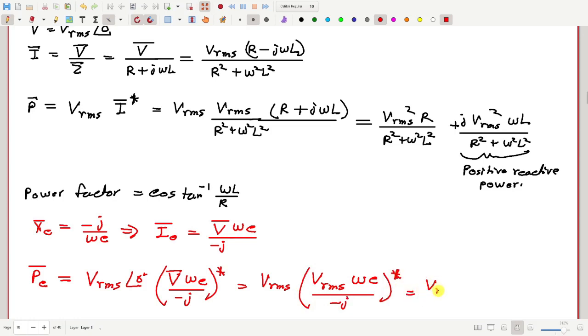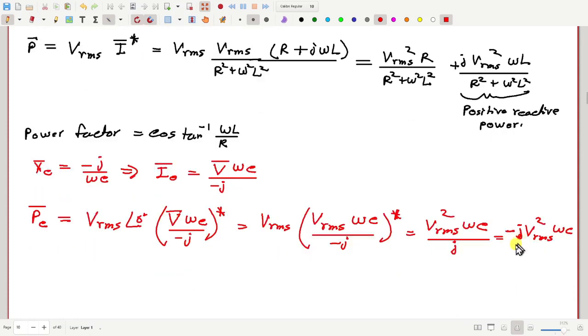So that becomes V RMS squared omega C, and this minus j will become plus j when we take the conjugate, and then this will become minus j V RMS squared omega C when you bring this j upstairs. So now this is negative, so we have negative reactive power.